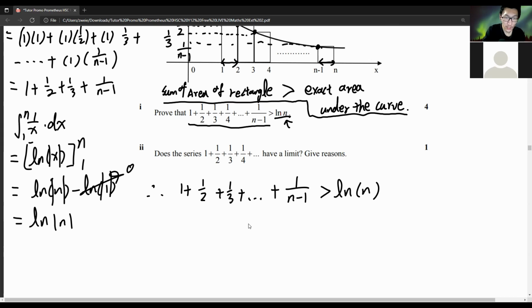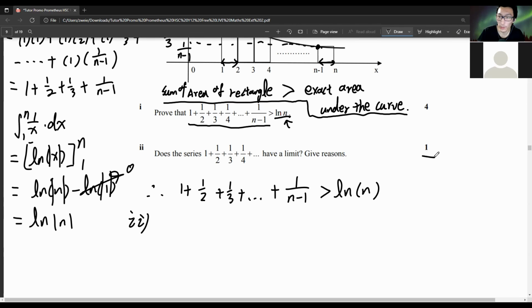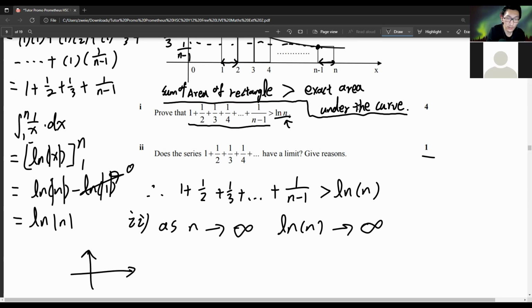Now part 2, does the series 1 plus half plus 1 on 3 plus 1 on 4 plus all the way until an infinite number have a limit? Give reasons. Now you will realize this is only 1 mark. The reason is very simple. As n approaches infinity, we know that ln n will also approach infinity. If you consider the ln graph, it will approach infinity.